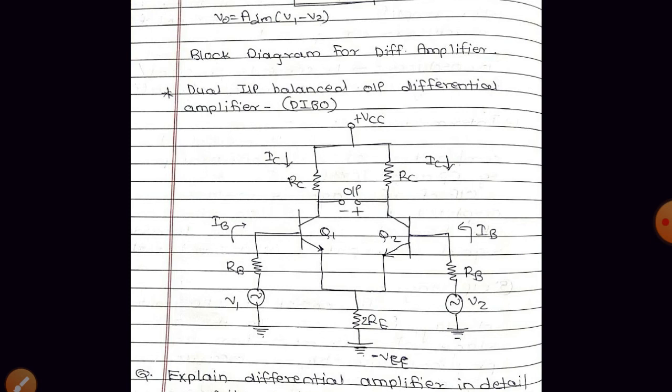We take output at the collector terminals of the transistors, at both the terminals, so called the balanced output. Plus VCC and minus V is the power supply applied at collector terminal and emitter terminal of the transistor. It is the exact internal structure of the op-amp, the transistor as an amplifier. It is the basic concept here.